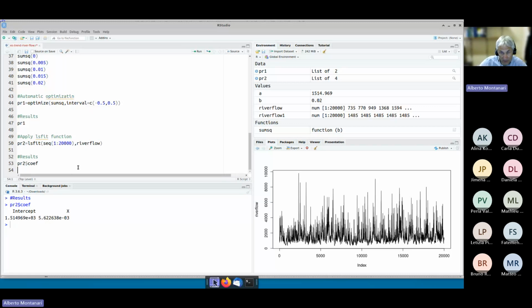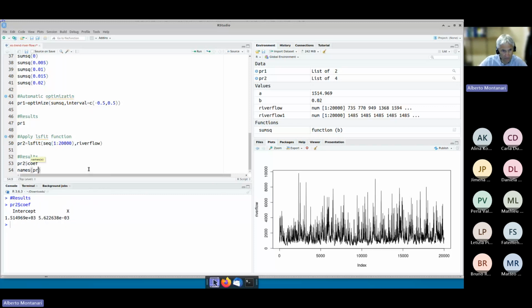But there is another subset of the list which gives me the range for the slope, PR2 dollar. I think it is something like standard. Let me see the content of the list.